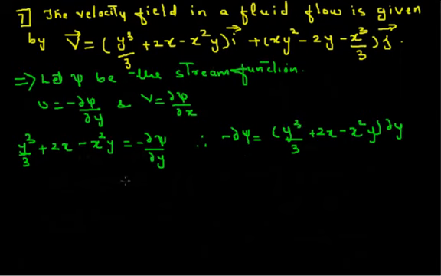So integrating both sides and multiplying by -1 both sides, we get psi is equal to minus integral of y cube by 3 plus twice x minus x square y into dy.